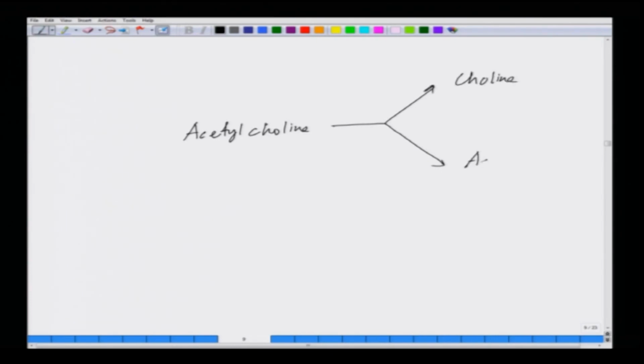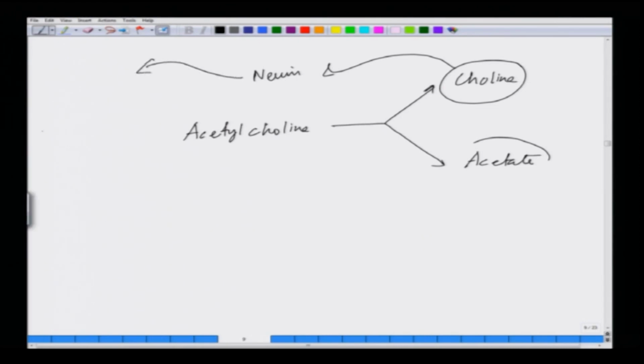This choline is again taken up by the neuron in order to make new acetylcholine, okay, and acetate is further degraded, and this is being done by an enzyme called acetylcholinesterase.